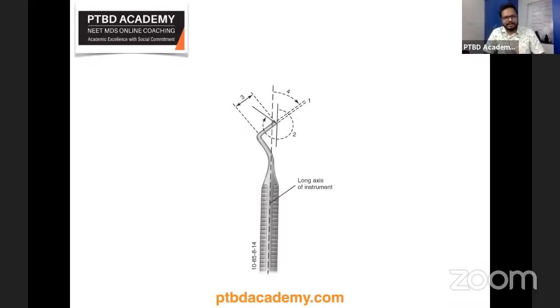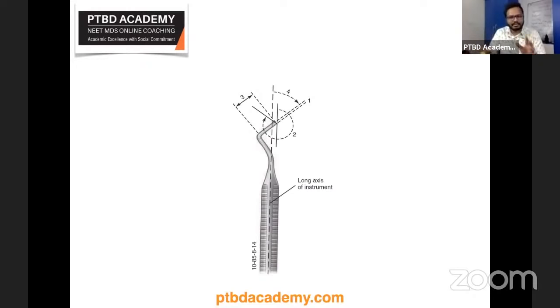Now, identify the various numbers which are represented here. As you can see, there is also an instrument formula, 10, 85, 8, 14. We'll get back to that later. You can see again a hand instrument, the long axis of the hand instrument, and then various illustrative representations 1, 2, 3, and 4. There seem to be some angles, widths, lengths.